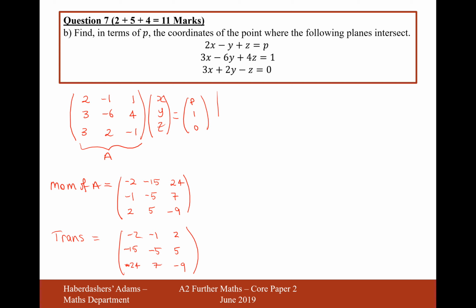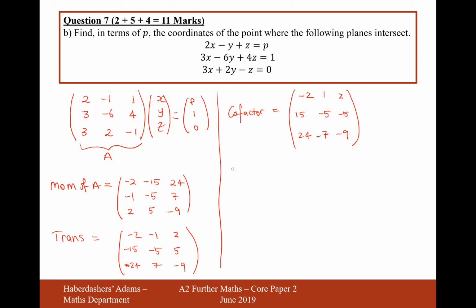Now we'll do the cofactors. The cofactors are the plus minus plus minus plus minus matrix. So it's going to be minus 2, 2, minus 5, 24, minus 9, and then the other ones have their sign reversed. So it'd be 1, 15, minus 5, and then minus 7.